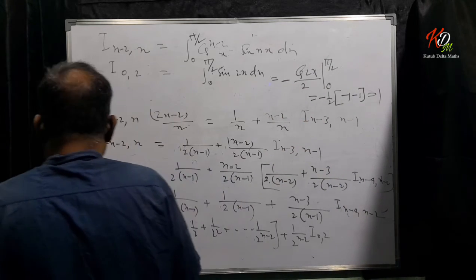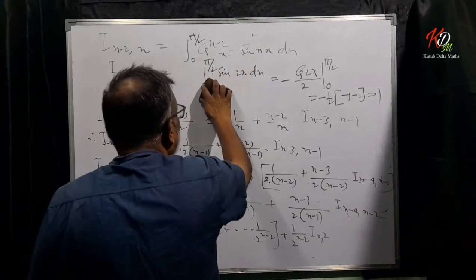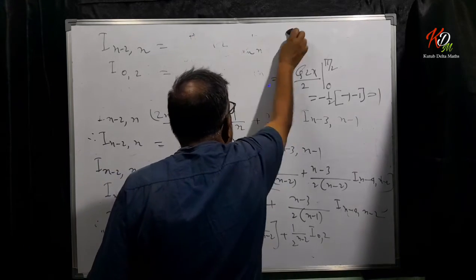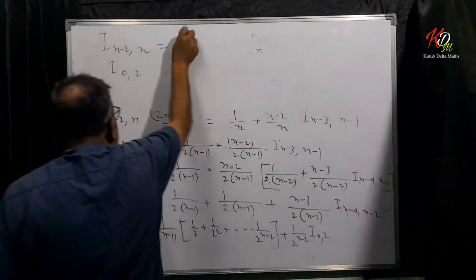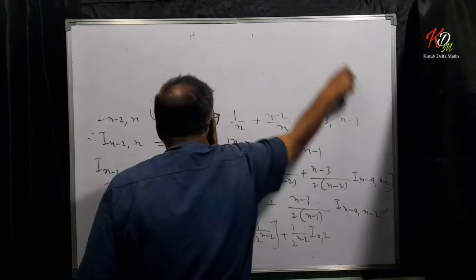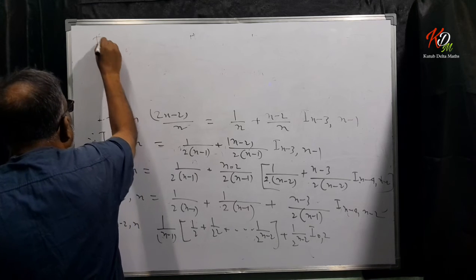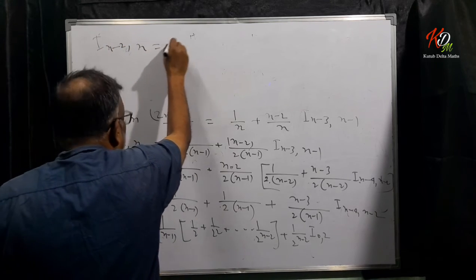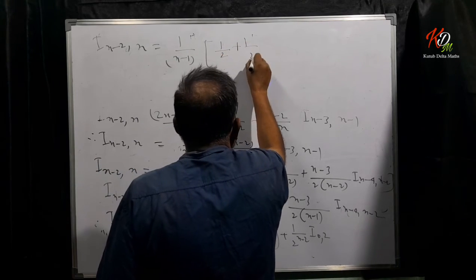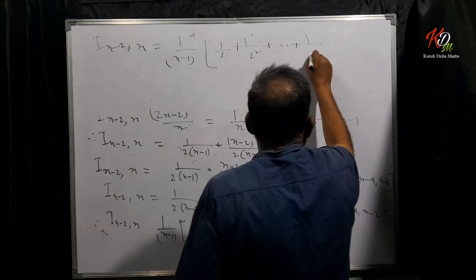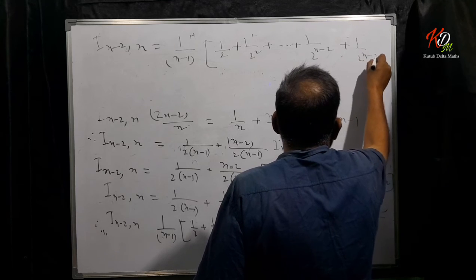So finally the result will be, this is 1. So I n minus 2, n equals 1 by n minus 1, 1 by 2, 1 by 2 square, up to 1 by 2 to the power n minus 2, plus 1 by 2 to the power n minus 2.